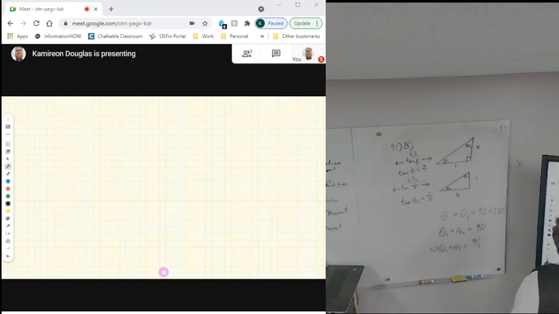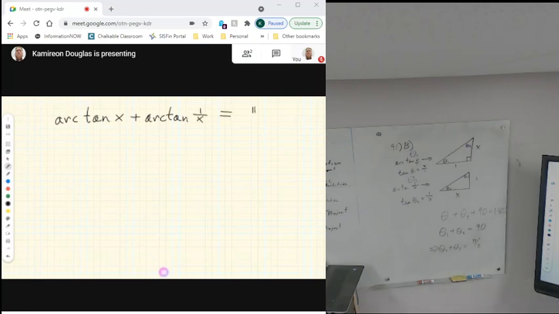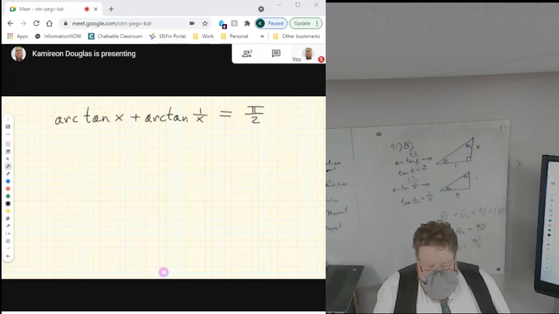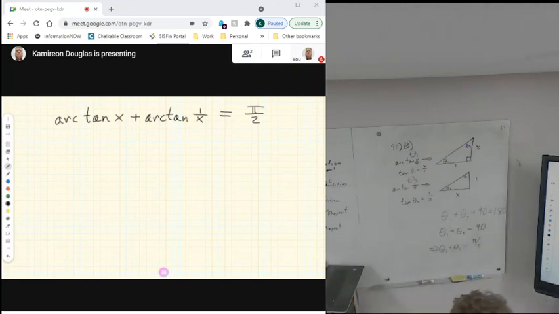This time I have the original equation, which was arctangent of x plus arctangent of 1 over x. And I want to prove that this is equal to pi over 2. Okay, so for this problem, one of the things I want to look at is whether there's any connection to my formulas from geometry or my formulas from trig.